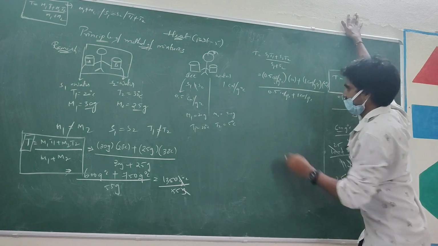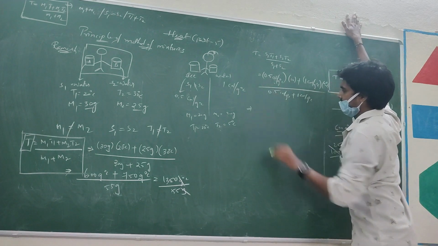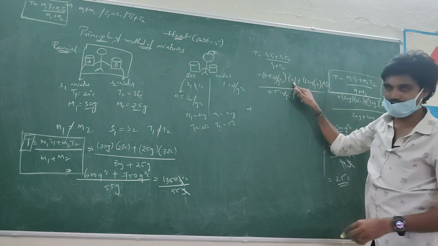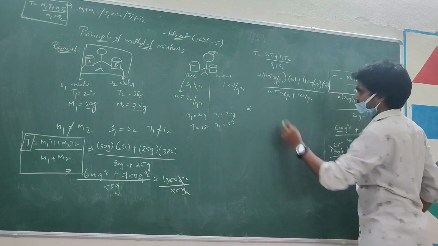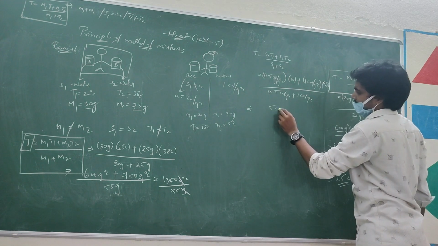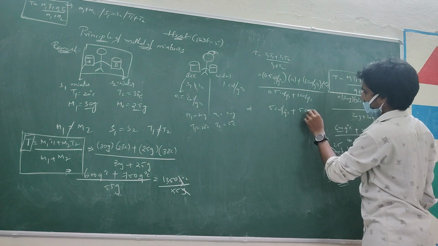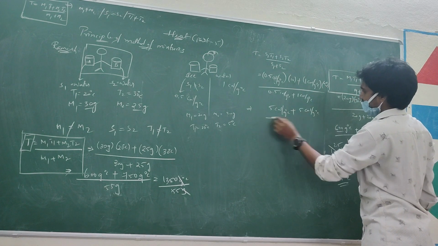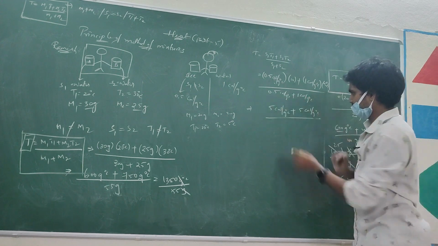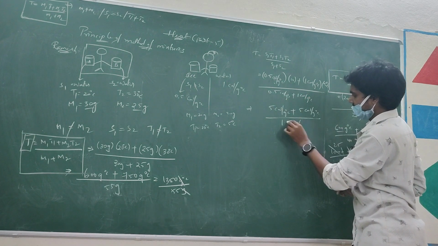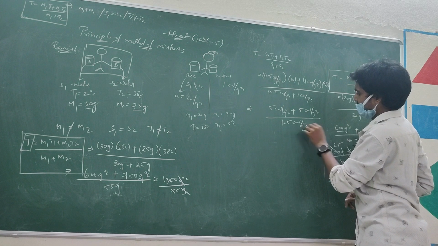It becomes 0.5 into 10, half of 10 is 5, plus 1 into 5 is 5, divided by 0.5 plus 1, that is 1.5.